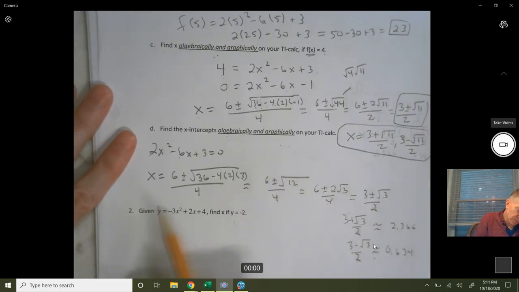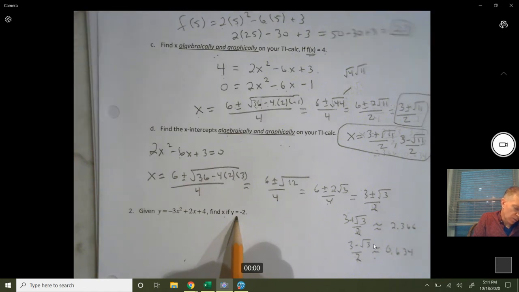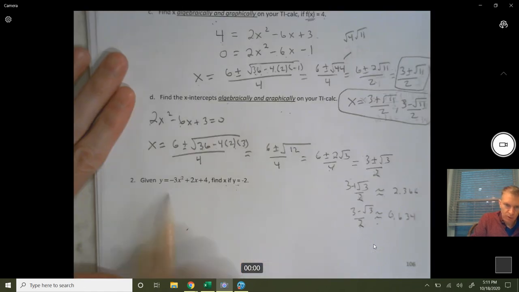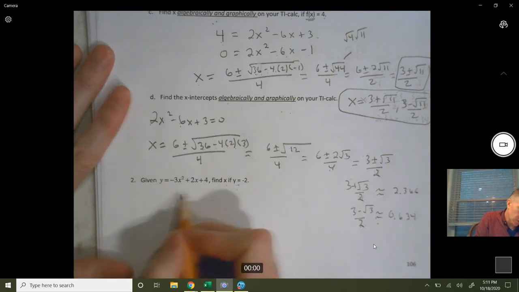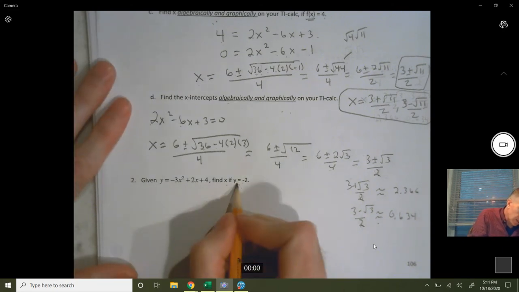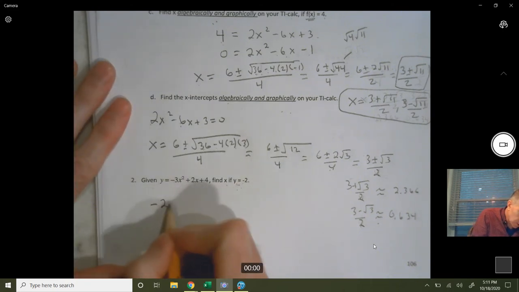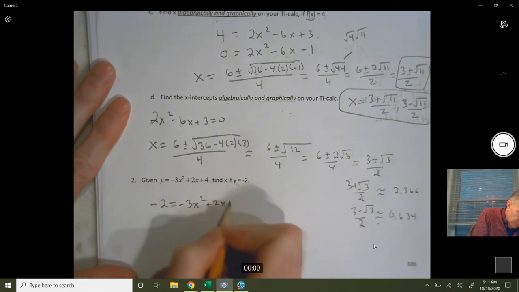Now, given this, find x if y equals -2. So we're basically just finding, this is just another graph. Find your x values when y equals -2. We could do this algebraically or horizontally. If you understand this, feel free to fast forward through this, but I'll solve this one. Y is -2, so -2 equals -3x squared plus 2x plus 4.